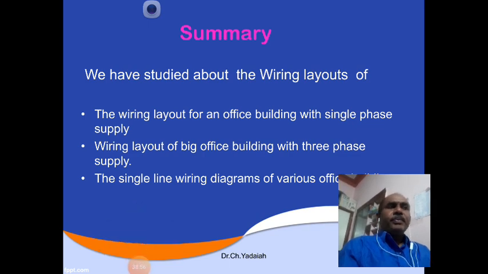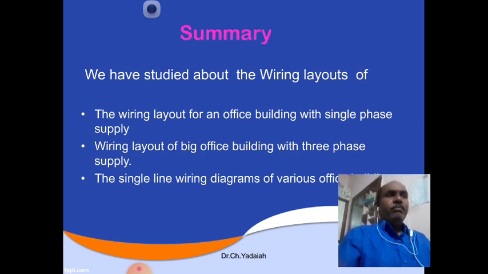These are the calculation of lighting load for a big building. Whether it is a single storey, double storey or multi-storey building, whether it is a small building or big building, the procedure is the same.